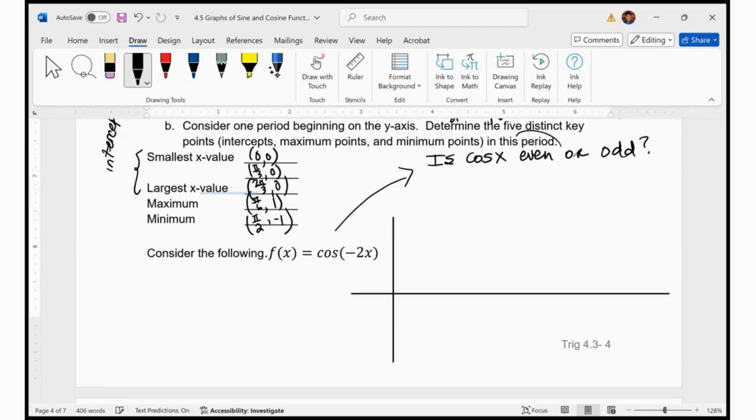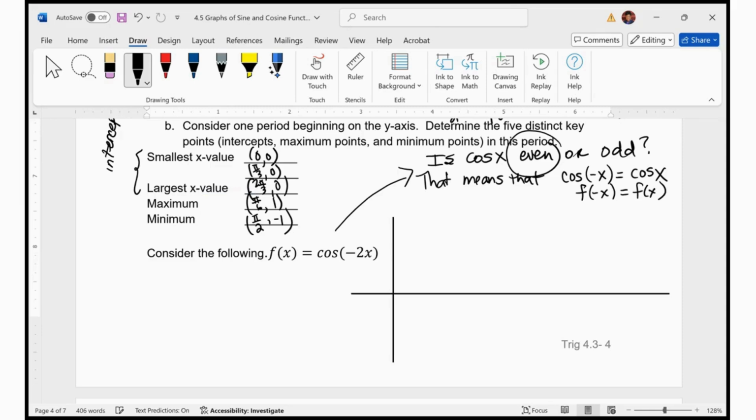All right, so that means that cosine of any negative x is the same thing as cosine x. Or in other words, f of negative x is just positive f of x.